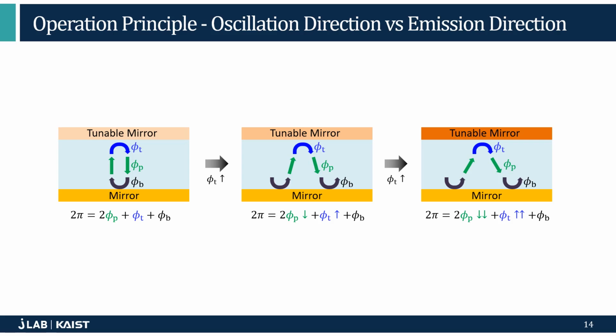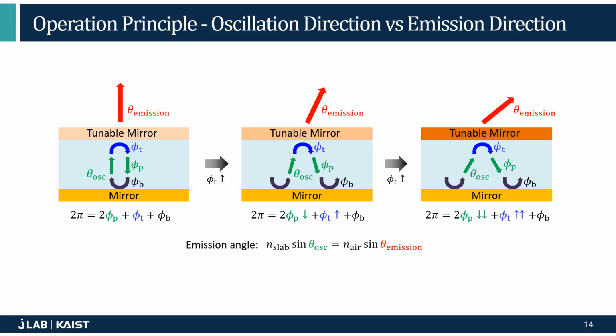Then why is this related to the emission angle? If we think about the oscillation angle and emission angle, it follows Snell's law. So it means that if we increase the oscillation angle, the emission angle also should be changed. So oscillation angle modulation is equivalent to modulation of the emission angle.